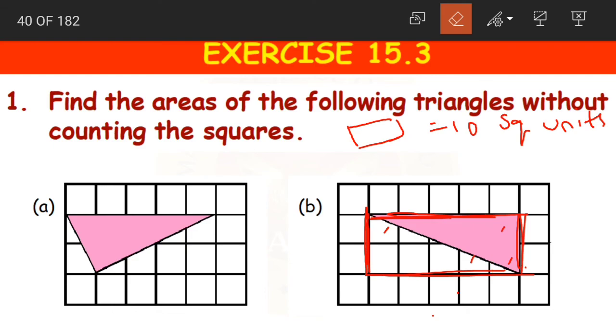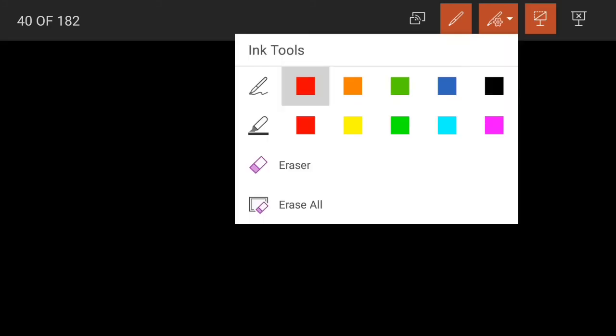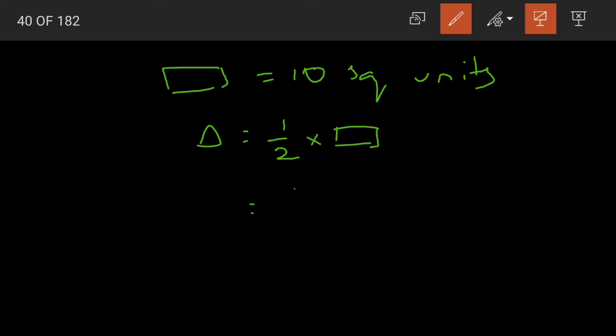Now what is the area of our triangle inside? How do we find out? We find out the area of the triangle is equal to half into the area of the rectangle. So our area of rectangle is 10 square units. Our area of triangle is equal to half into area of rectangle, that is equal to 1 by 2 into 10.